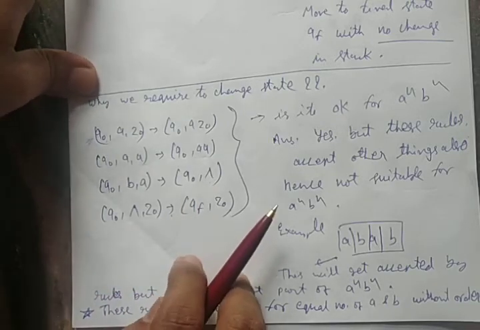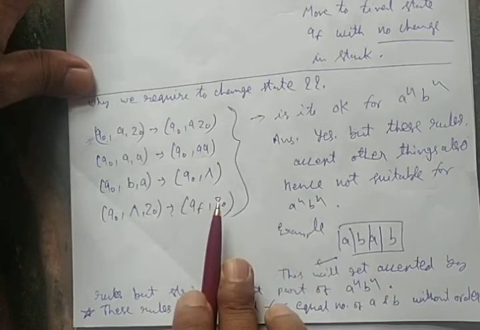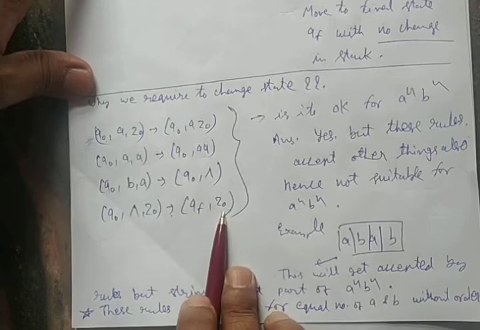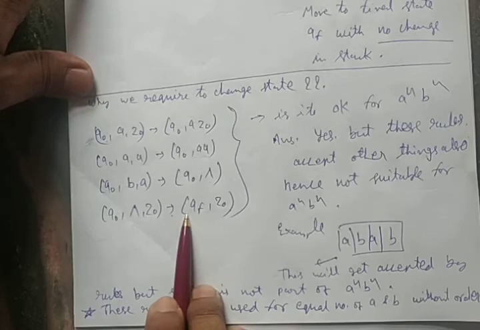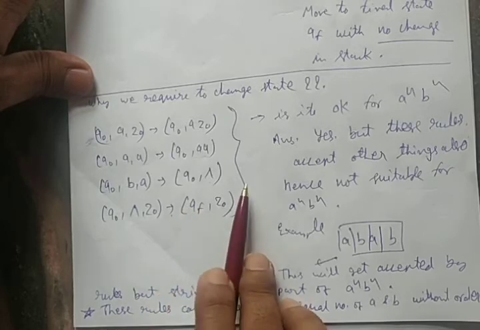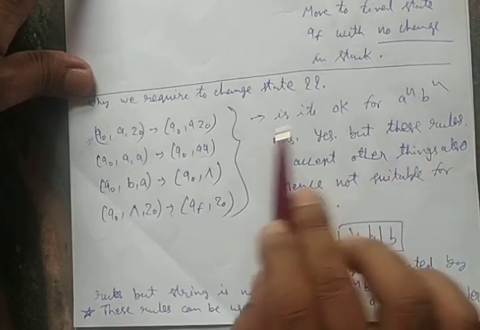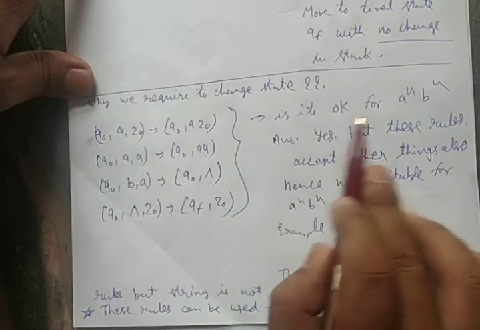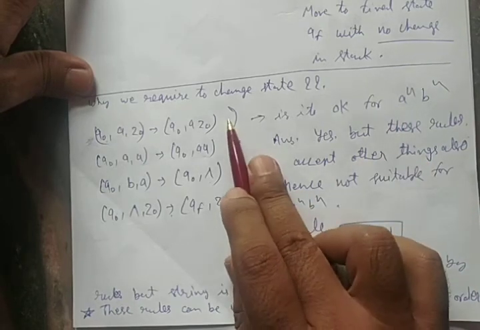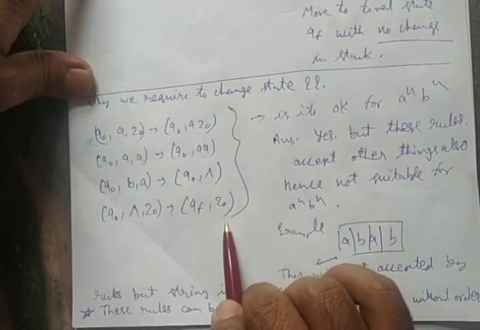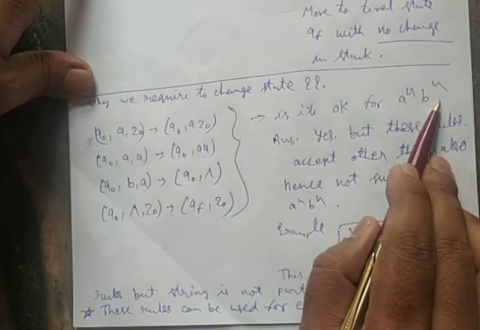Now, definitely these rules are less in number, and they can perform everything which can be performed by A to the power n, B to the power n. But is it the right set of rules for this particular language? The answer is no. The reason is these rules are a superset. They can perform much more than A to the power n, B to the power n.